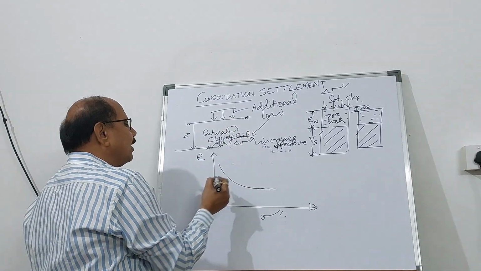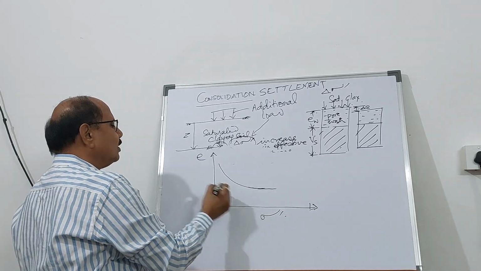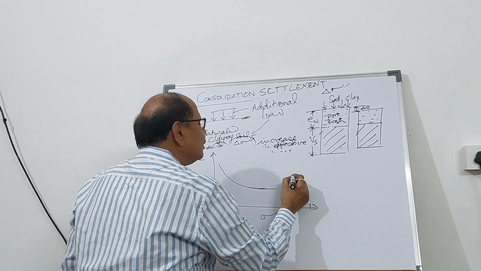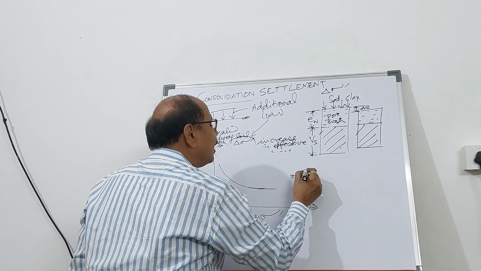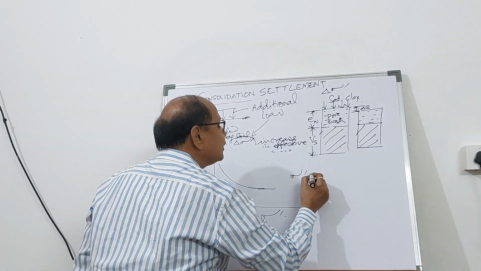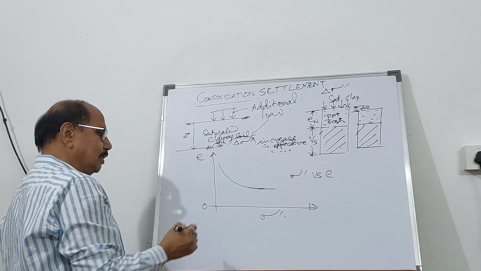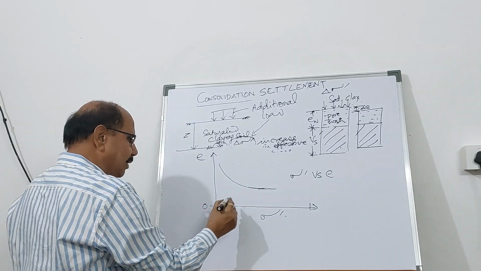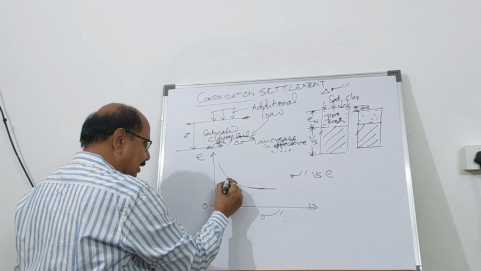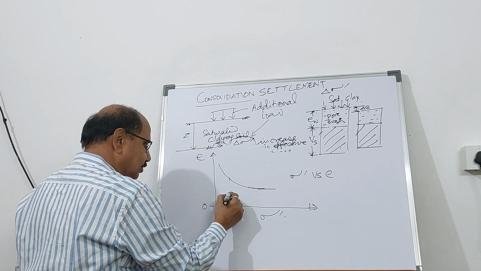So if this is the graph where sigma prime is the effective stress, versus void ratio E plot, and for any pressure range, let's say I take this pressure range.